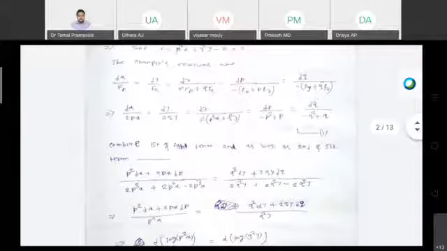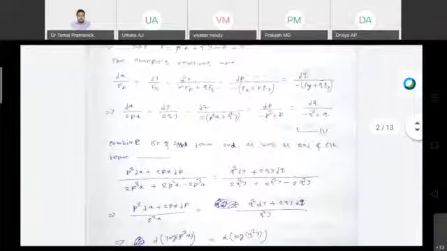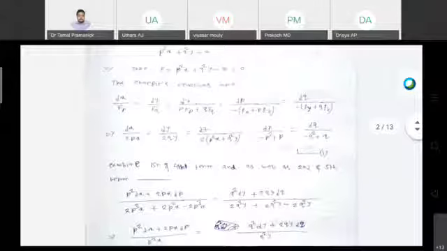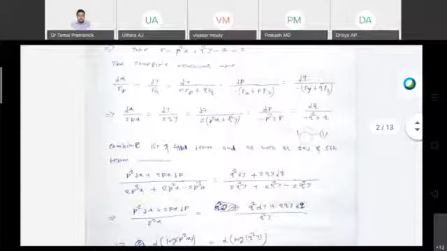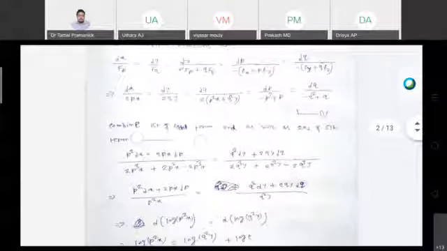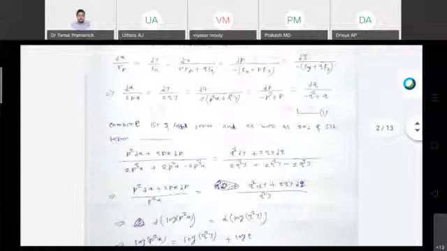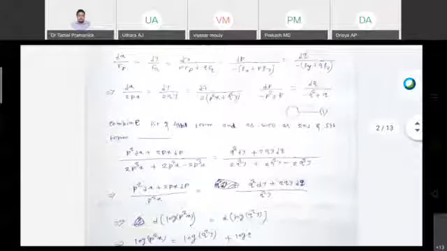After finding fp, fq, pfp plus qfq, and all this, you will get this equation. Now combine the first and fourth terms and the fifth term.